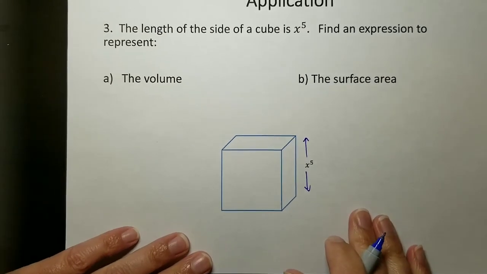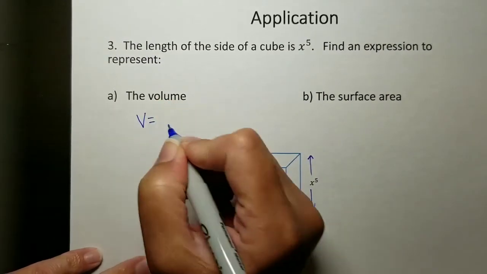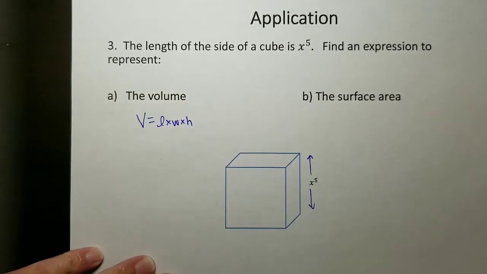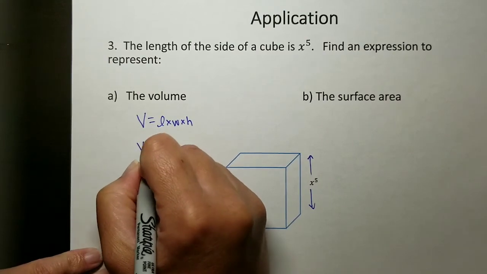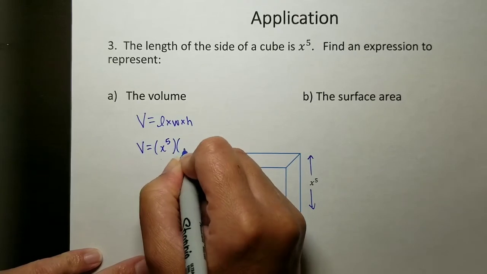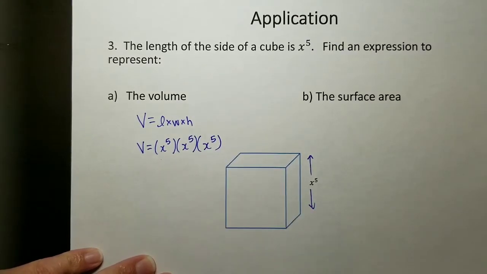So volume of a cube, remember from grade 7 and 8, that's length times the width times the height. And in a cube, these measurements are all the same. Every side is the same. So the volume would equal x to the 5 times x to the 5 times x to the 5.